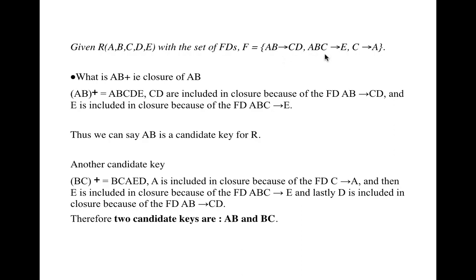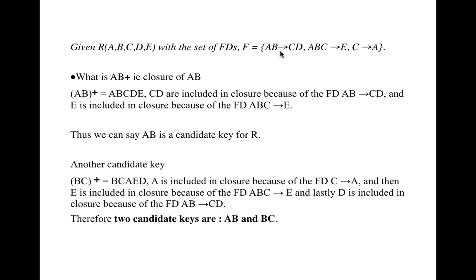So let's take the next functional dependency. Another functional dependency, Y gives Z, is of the form ABC gives E. Now this ABC is a subset of AB closure. Why? Because AB closure already consists of ABCD. So ABC is already there in AB closure. So since ABC is already there in AB closure and it gives E, we can add this E also to the closure.